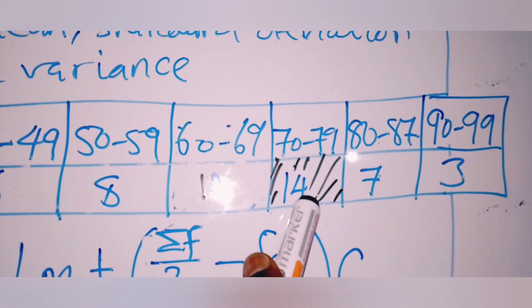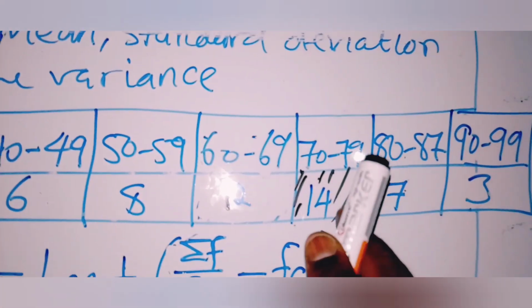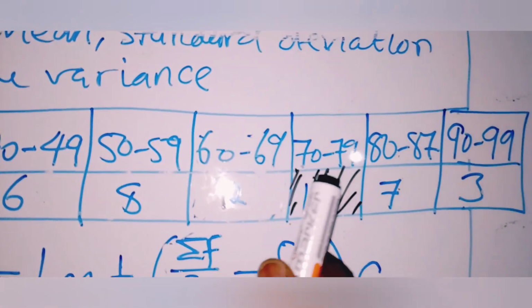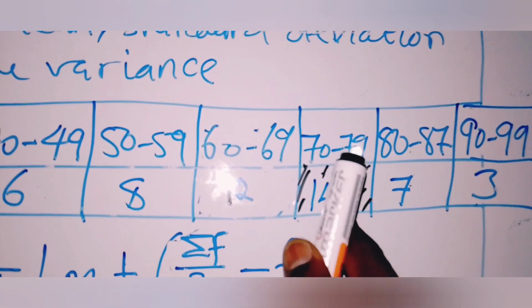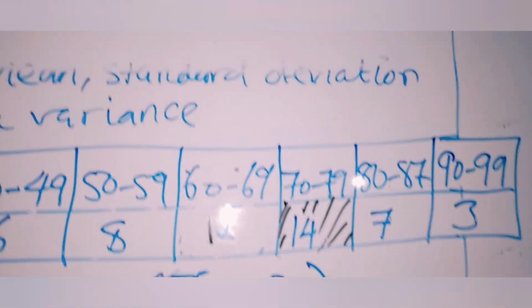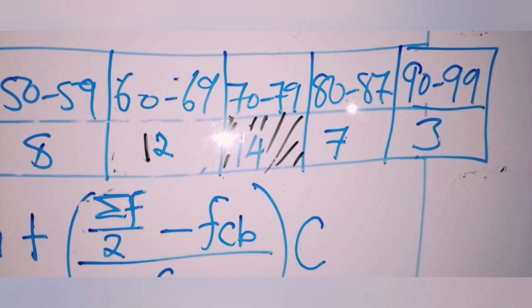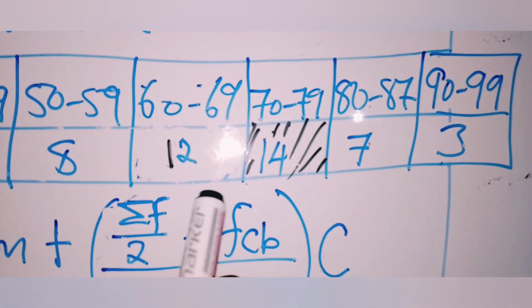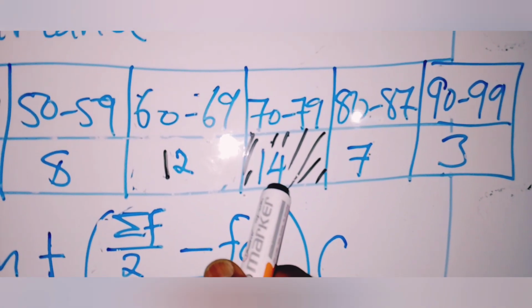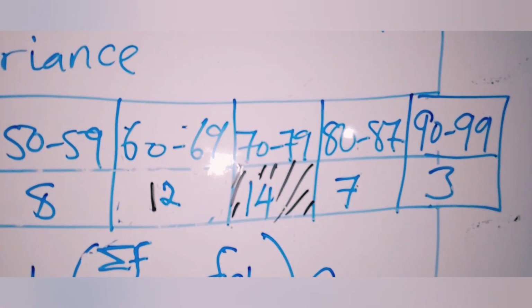It is just the number before the mode. It may not be 14 or 12, but maybe 15 and 14, so 15 minus 14. And mostly it's never negative, because the mode is the biggest in most cases. I've never seen where it gives negative.